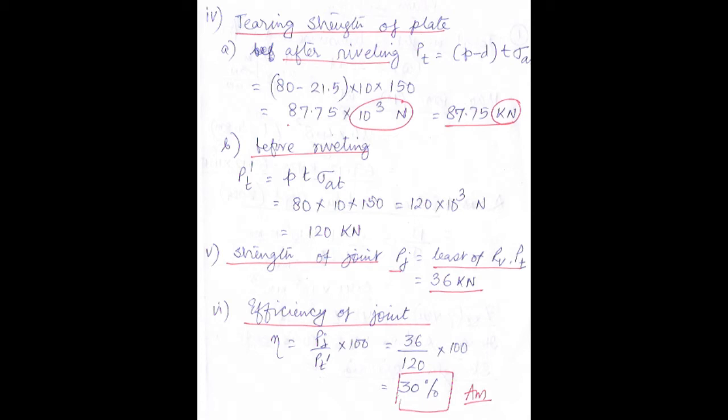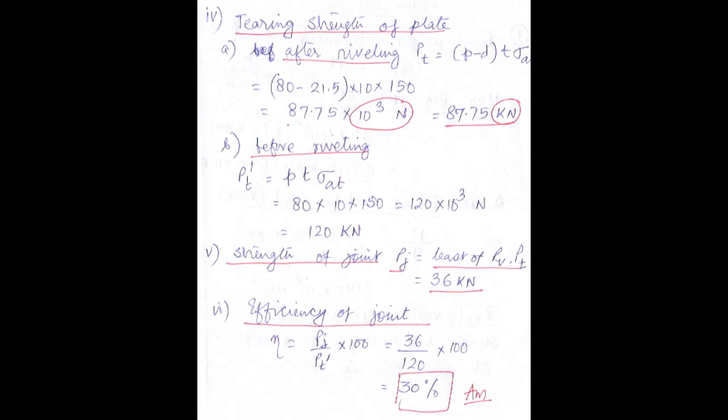Now the last step is the efficiency of the joint, that is PJ by PT dash into 100. So what is PJ? PJ is 36 kilonewton. What is PT dash? That is 120 kilonewton. Remember, whenever you are putting the value of PJ and PT dash, please keep in mind their unit.